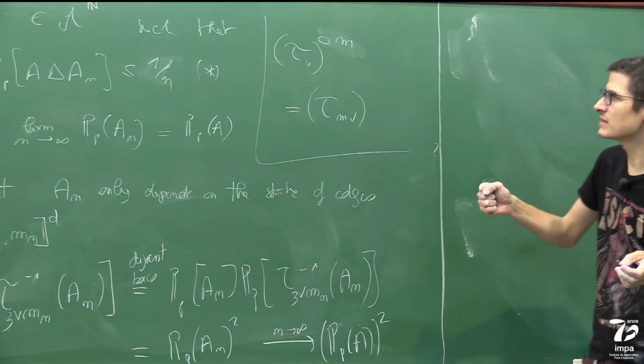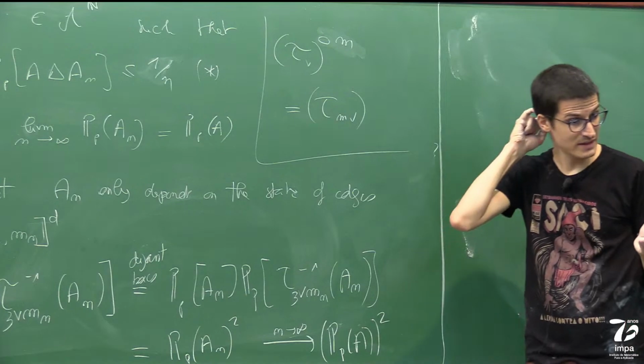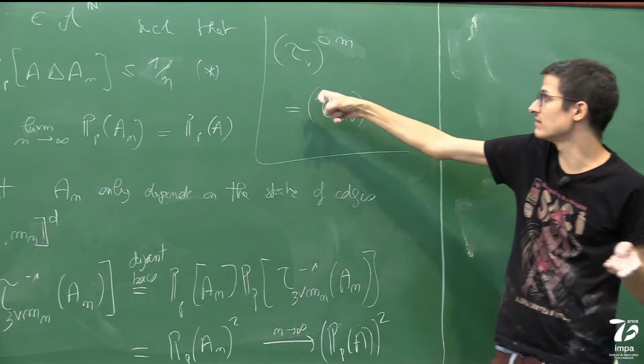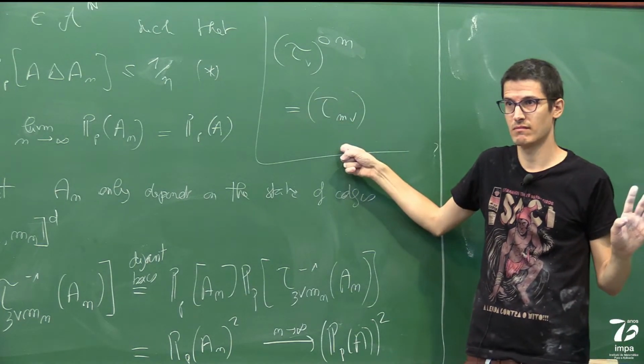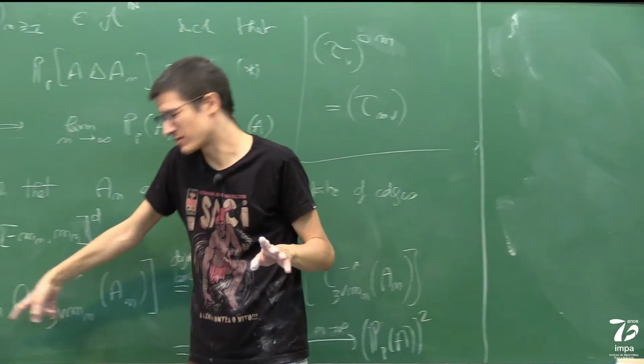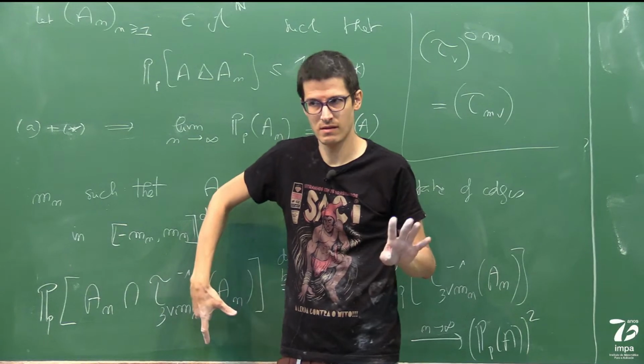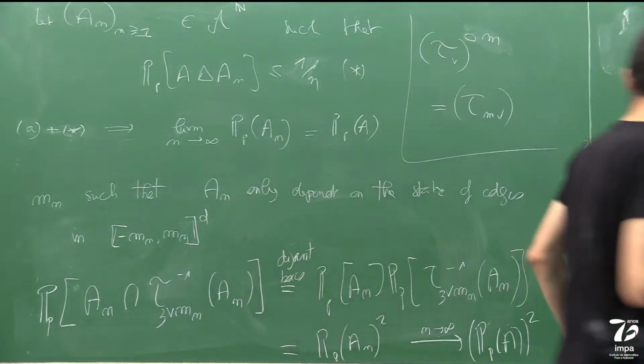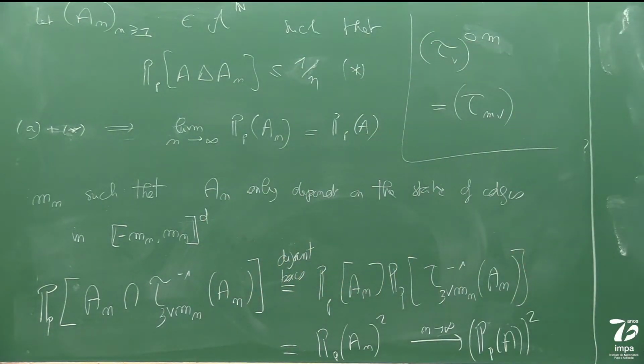So for this reason, if an event is invariant for tau V, it's invariant for tau nV. This is an important point, maybe. The idea is if you're invariant for a small translation, then you're invariant for a large translation, and this allows you to get the independence you need.